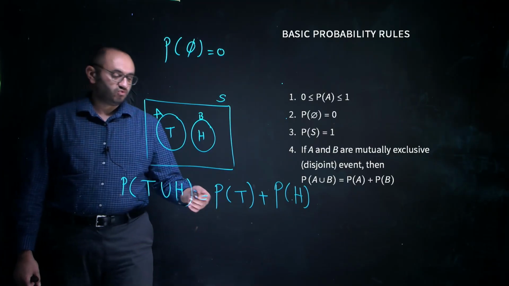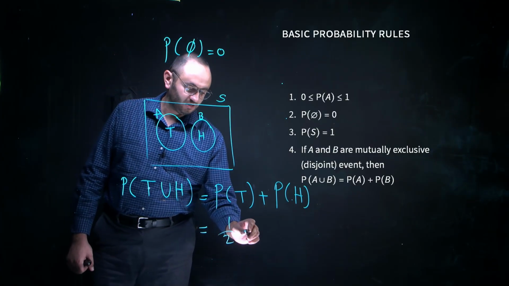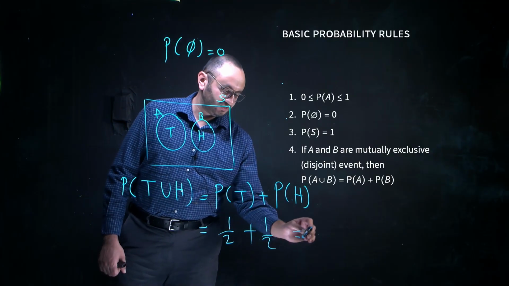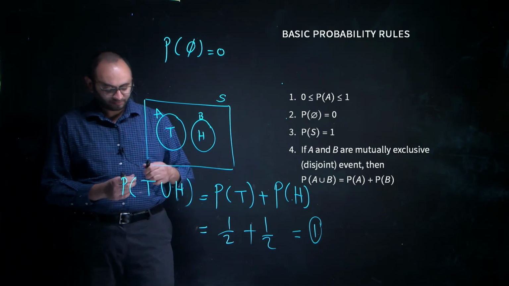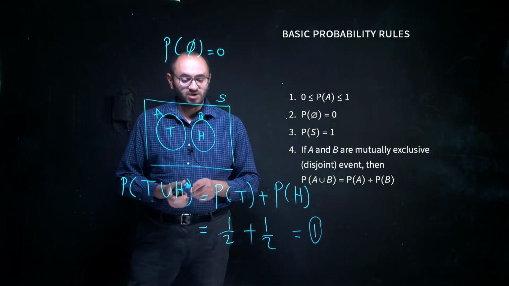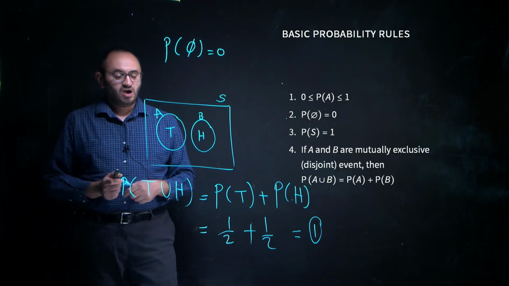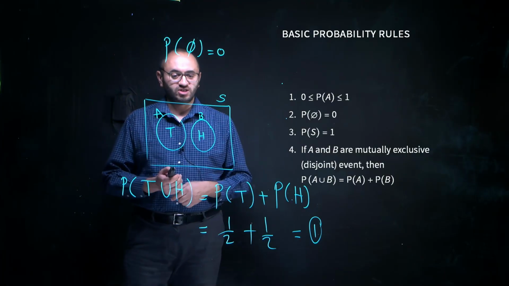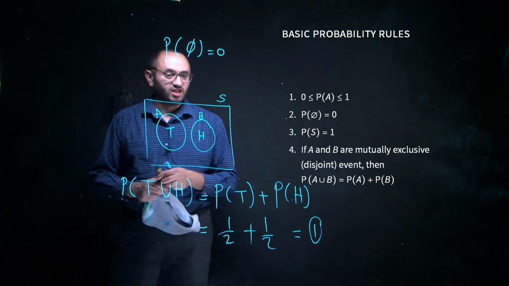And we know probability of getting tail is 1/2 or 50%. Probability of getting head is 1/2, so the answer is 1. So we use this formula if A and B are disjoint or mutually exclusive. How about if A and B are not disjoint or not mutually exclusive? We are going to discuss this in the next slides.